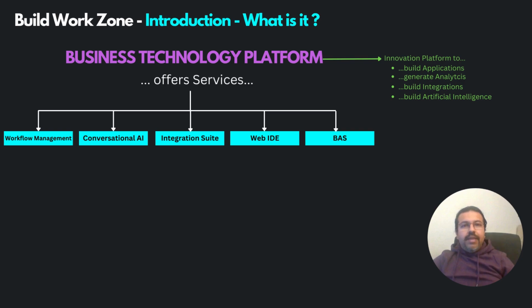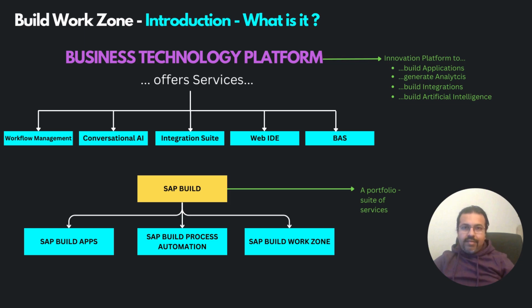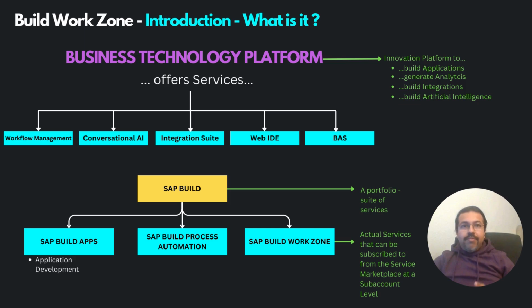So one of the capabilities within SAP BTP is a portfolio suite of services called SAP Build. Why is it called a portfolio suite? Because it is a collection of three services, right? That's why a suite of services. These are SAP Build Apps, SAP Build Process Automation, and SAP Build Work Zone. SAP Build Apps allows you to build and extend existing applications.